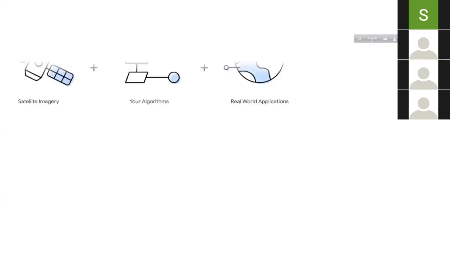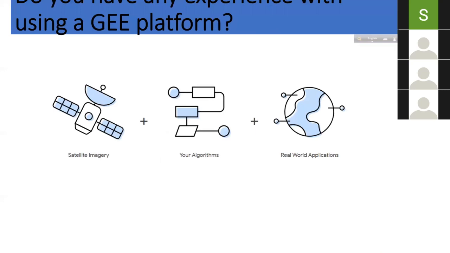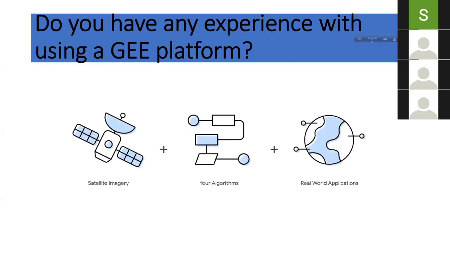So now I have a question. Do you have any experience with using Google Earth Engine? Yes, sir, I have used this. Mainly, what programming language did you use? JavaScript, along with Python too.